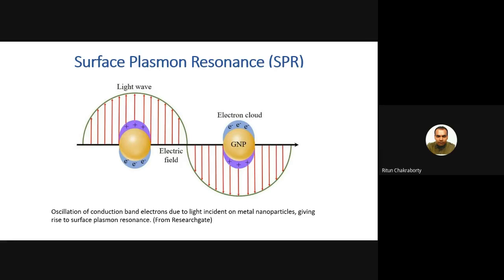And resonance means this collective oscillation of electrons happens only at a particular frequency of the light radiation, the electrons oscillate about their mean position. So that is why each word here, surface, plasmon, resonance, has its own meaning.